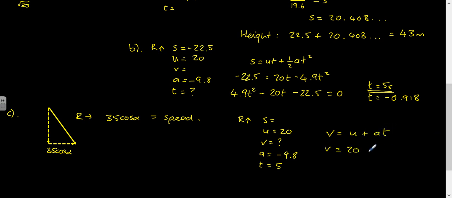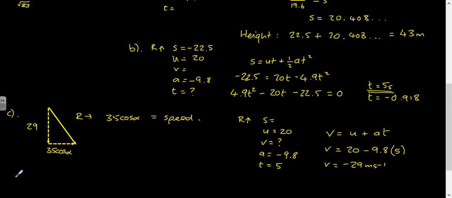So V is 20 minus 9.8 multiplied by 5, which is minus 29 meters per second, which is absolutely fine because we know that this velocity would be negative because we said that up was positive, and so that just tells us that we've got 29 there.